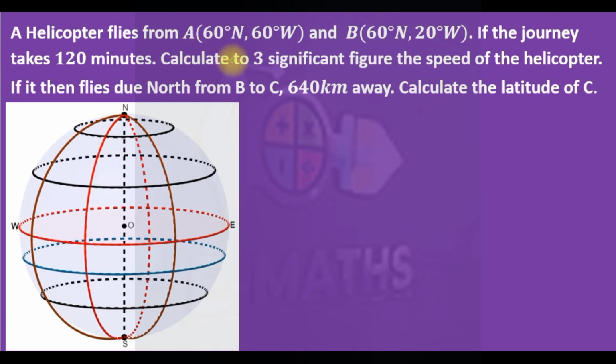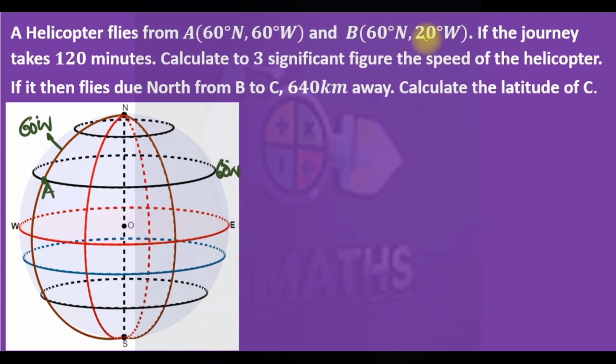Let me call here 60 north and 60 west. So my point, the point of intersection of 60 west and 60 north, is this. So this is my A.